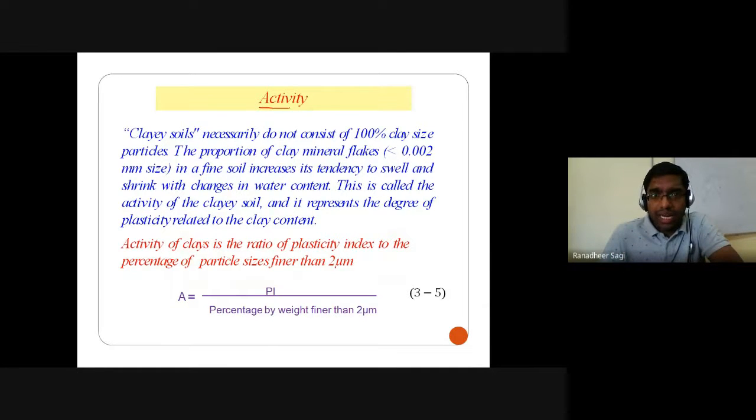Next is another term called activity. This term activity is again going to play a role in telling us the nature of that particular soil.